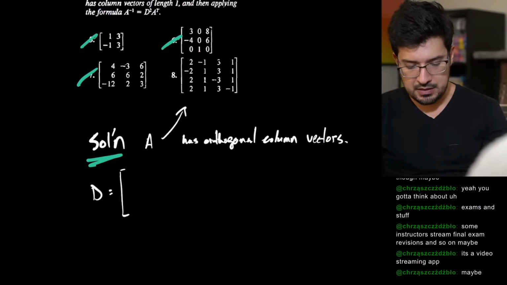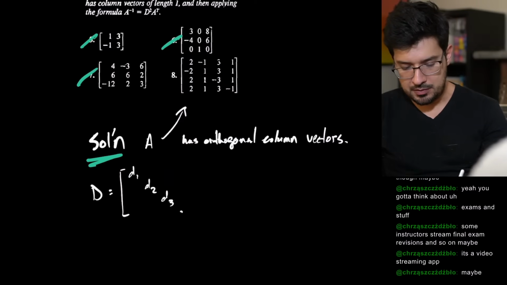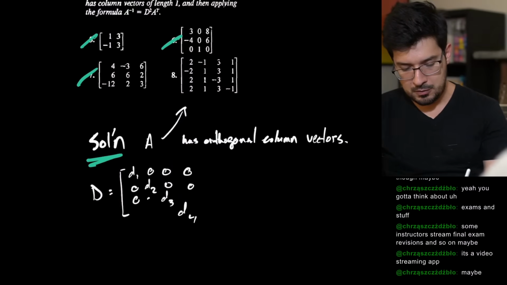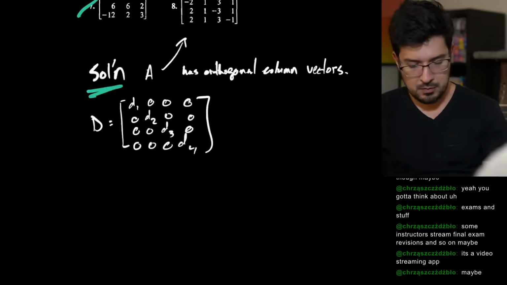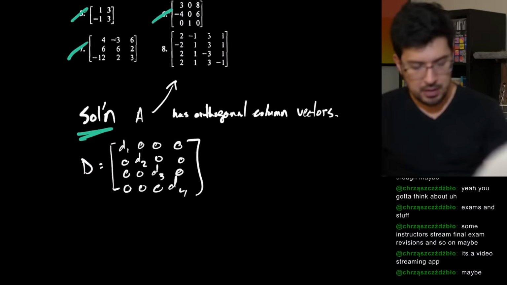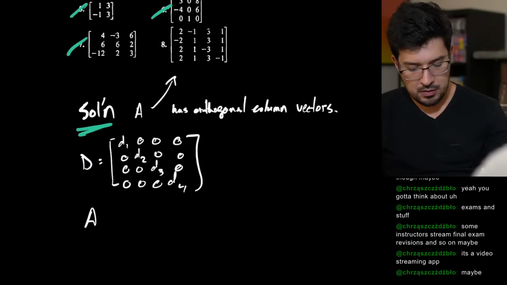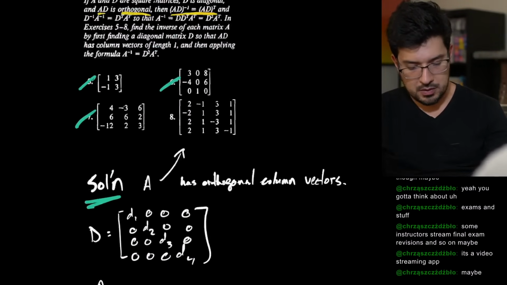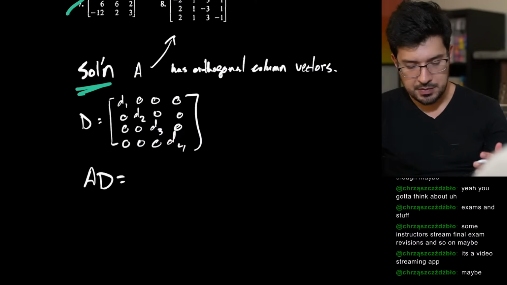So if D is a diagonal matrix, it's a scaling. So we want AD to be orthogonal.